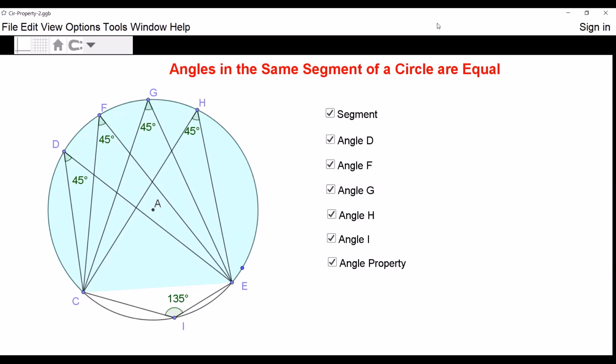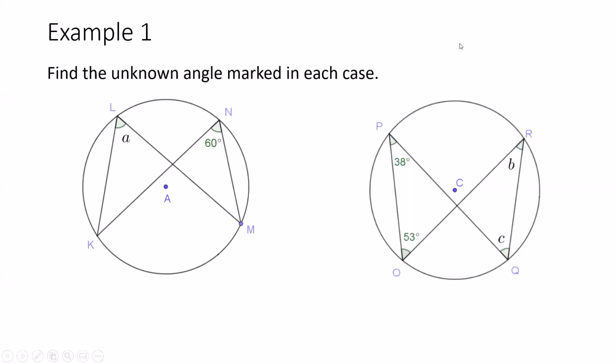So we will now have a look at some examples. Example 1 for the second property, find the unknown angle marked in each case. So in the first case, angle A is the same as 60.